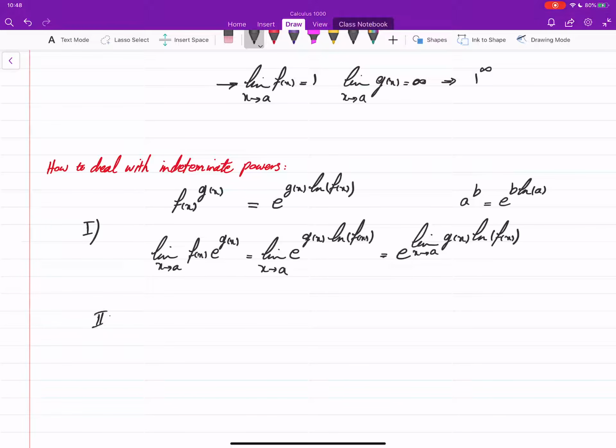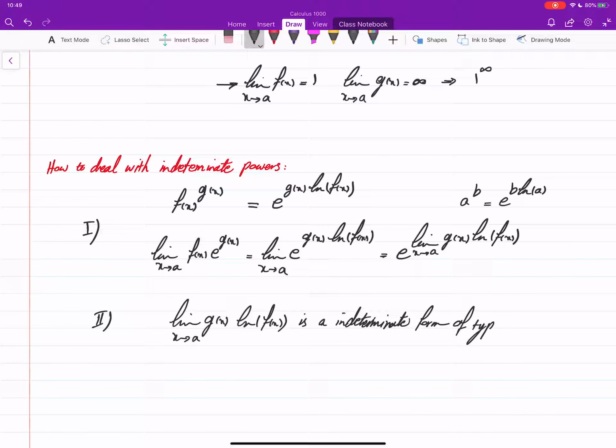The second step is that the limit of g of x ln of f of x as x approaches a is an indeterminate form of product type, so 0 times infinity.